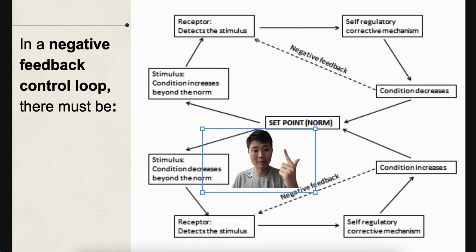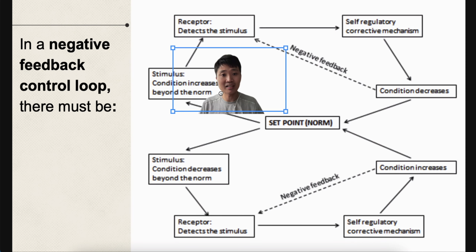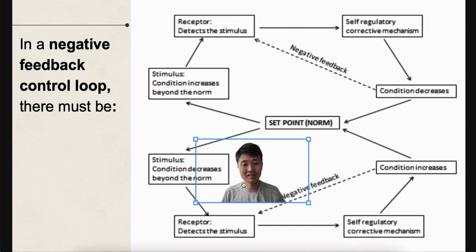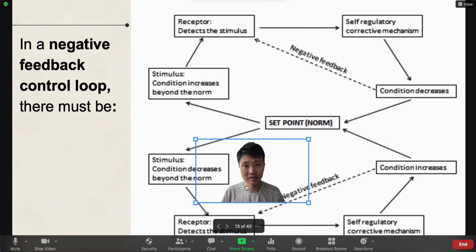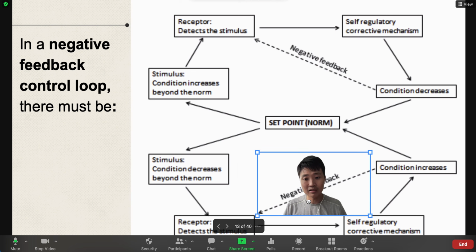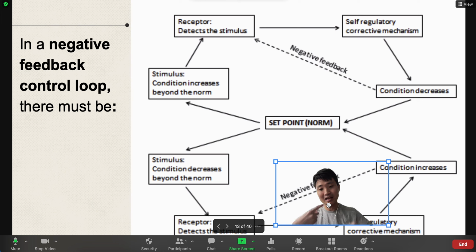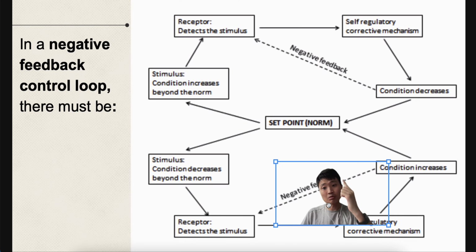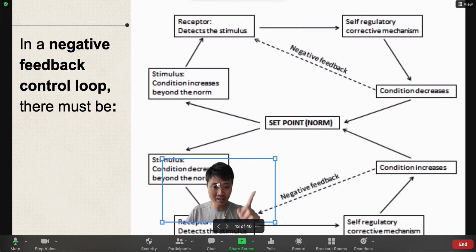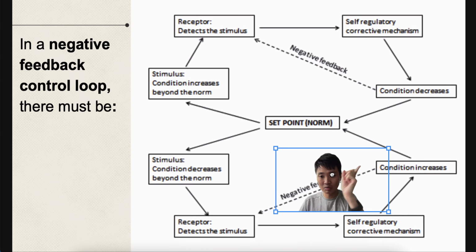After that, what happens? A receptor must detect the stimulus. These are usually sense organs, could be your pancreas or your brain. Your receptor will have to detect the stimulus. Then there's a self-regulatory corrective mechanism. That means things will happen in your body to change things back to normal. So in this case, if it decreases, then now the condition will increase.